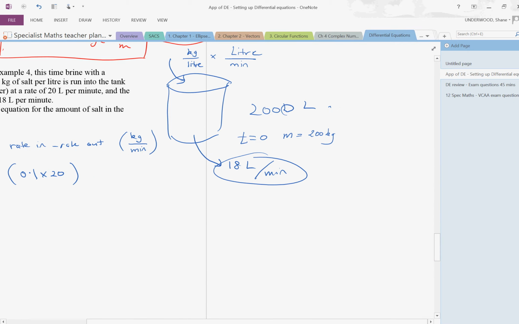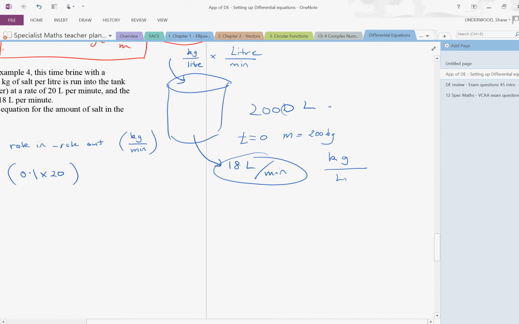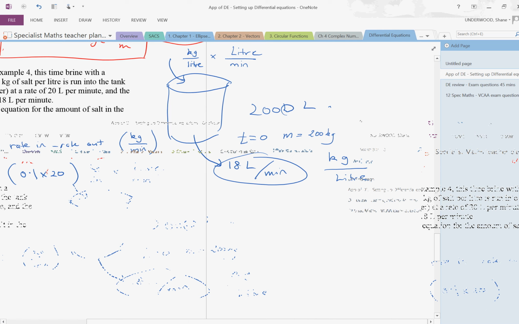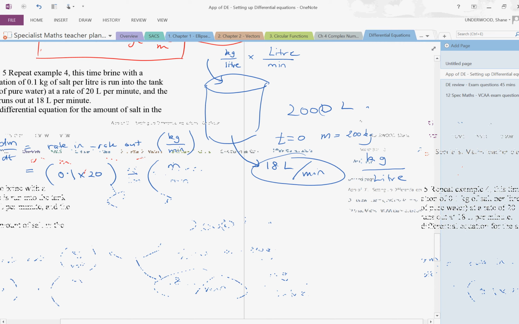Now, remember that we want to have kilograms per what? Litre. Now, we've defined M as the amount of salt in kilograms. How many kilograms of salt are there at time t? M. So, it's subtract what goes on top?